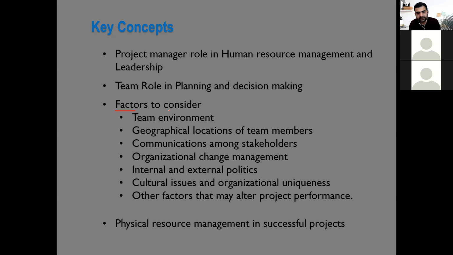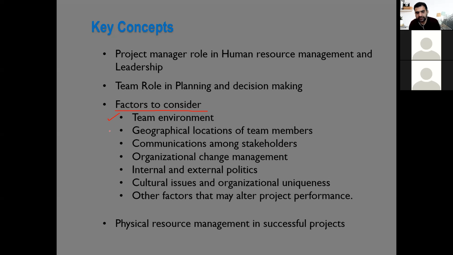So these are the factors when we are basically planning for our resources, managing our resources, and managing both project team and physical resources, including team environment. It should be a collaborative environment where there should be a good knowledge sharing among the team members. They should work as a unit so that they can become a high-performing team.